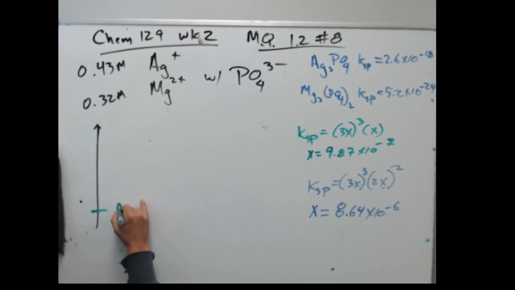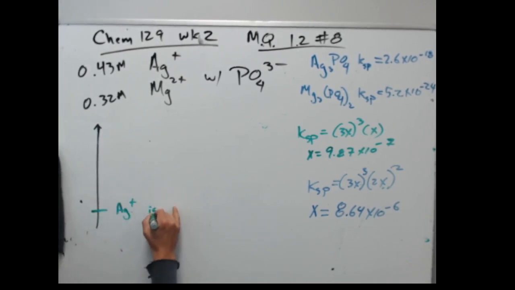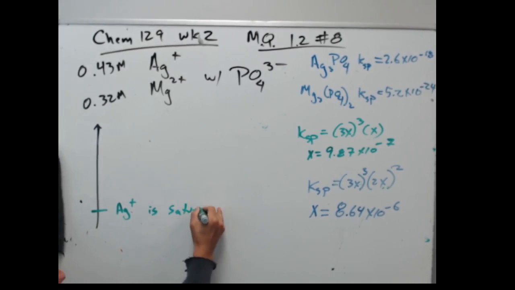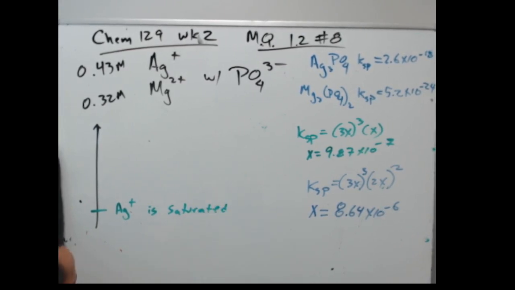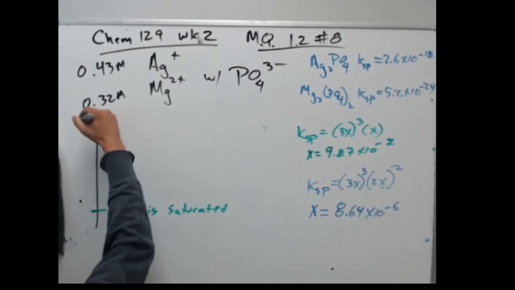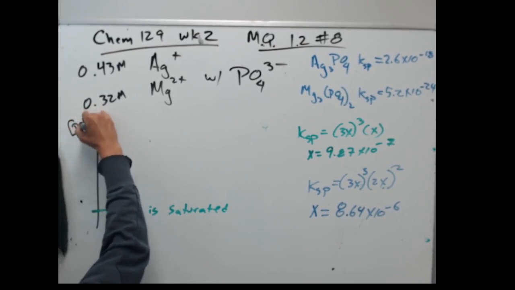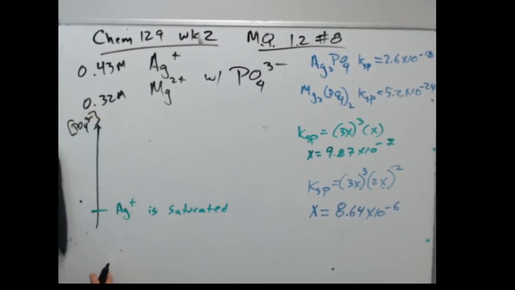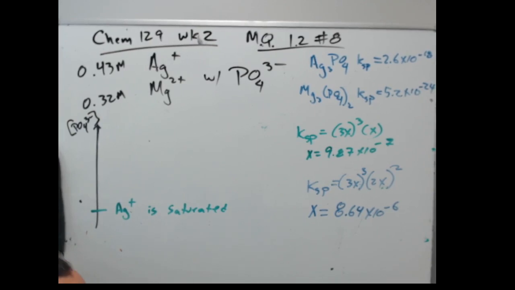So this is going to be the point where Ag+ is saturated. As my phosphate concentration is going up, I'm going to find it takes a lower concentration of phosphate to saturate the silver.